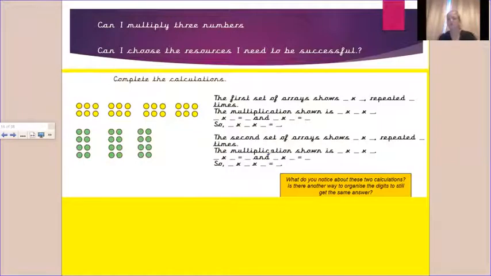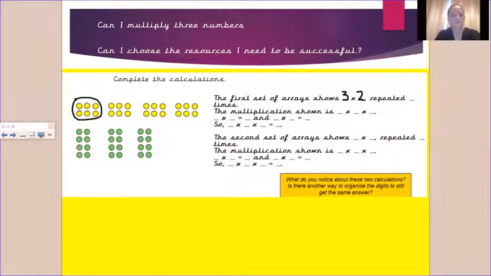I will talk through the first one for you, just in case it's a bit confusing. I'm not going to give you the answers because I would like you to use your multiplication knowledge to do that, but just so we are a bit clearer on what it needs to be doing. So the first set of arrays shows something times something, and I can see that it's going to be 3 times by 2.